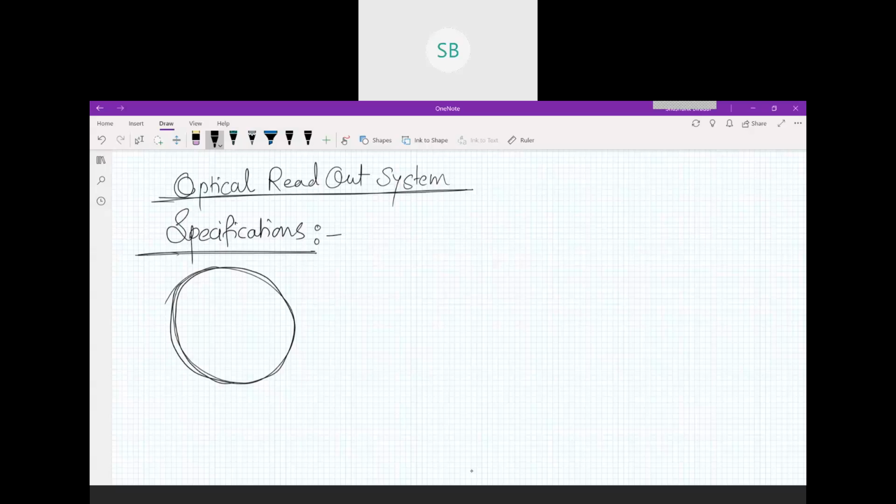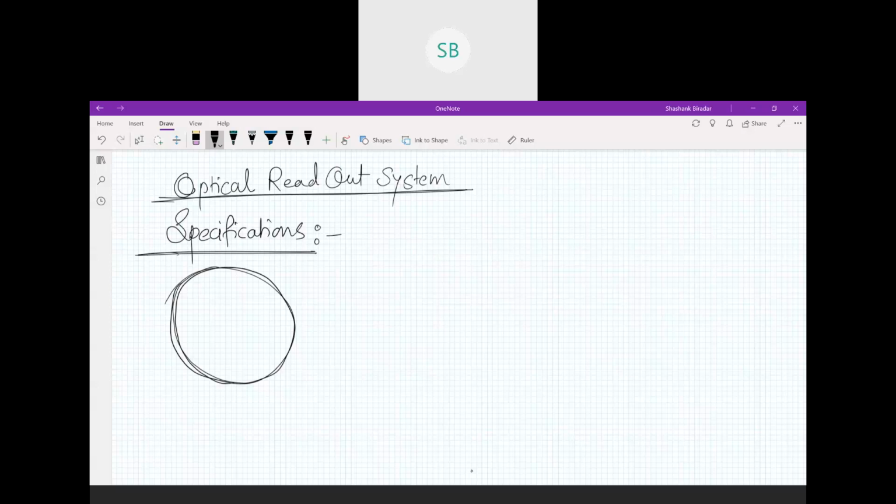What I was talking about is the specification. The Blu-ray player can read the Blu-ray disc, the traditional DVD and CD also, because all the discs have the same physical dimensions.